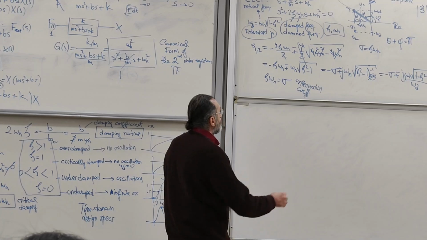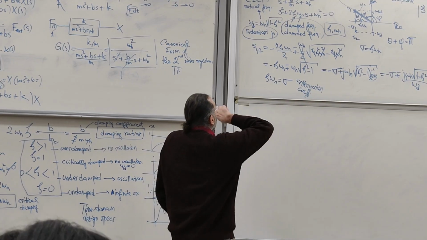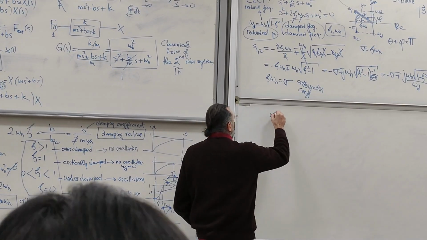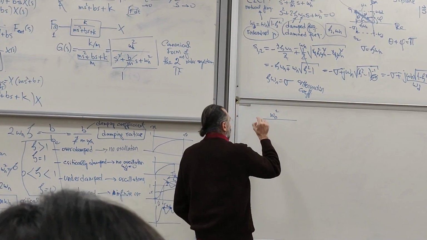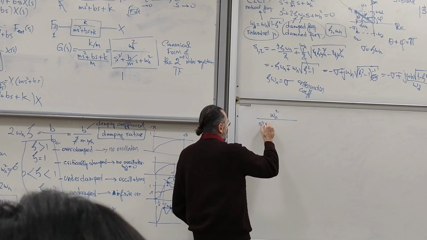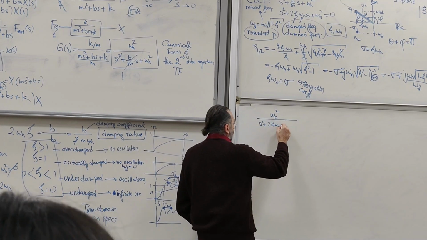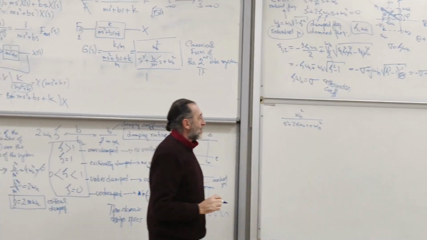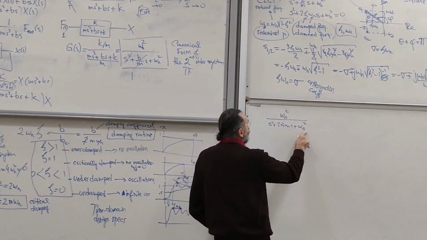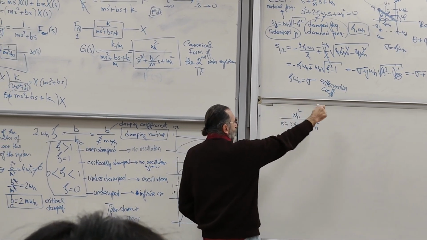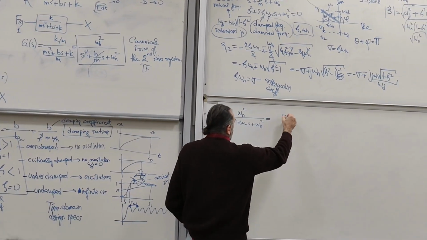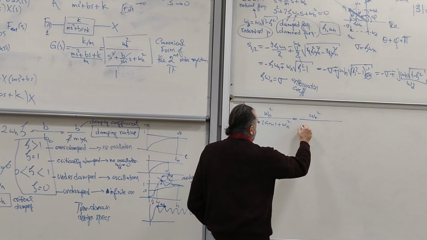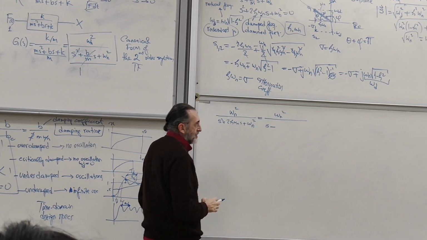We have the two roots of the thing as omega n squared divided by s squared plus 2 zeta omega n s plus omega n squared. Alright. So that the two roots are those. Okay, so I can write this as omega n squared divided by s plus times s minus.